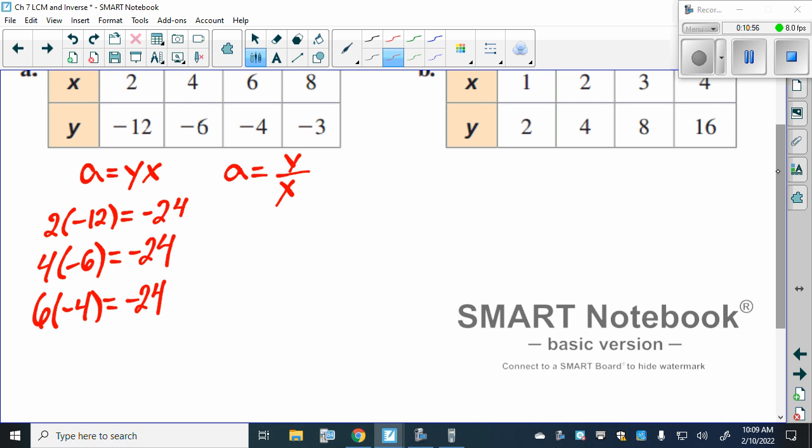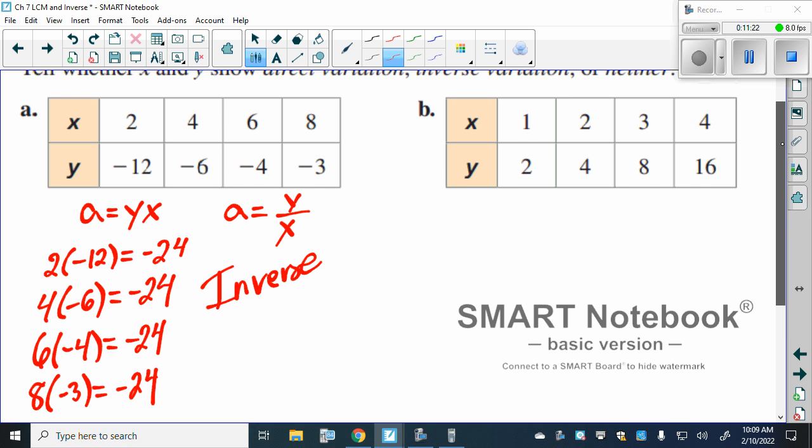And last but not least, 8 times negative 3 is negative 24, which tells me that this one here is an inverse. We don't even have to try y divided by x for direct, because if one works, the other one won't. Any of these are only going to be inverse or direct. They can't be both.